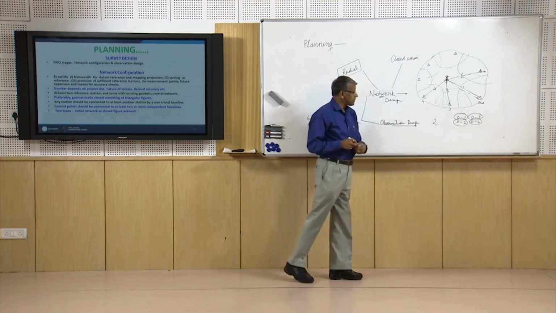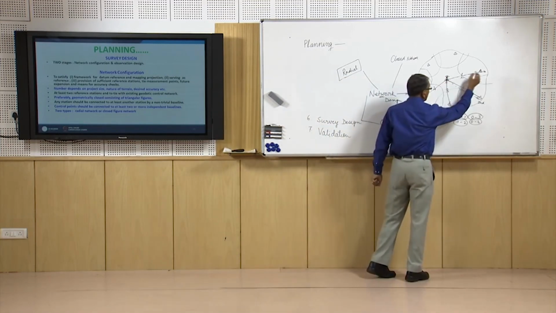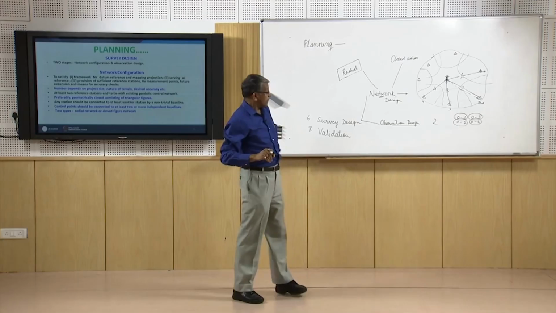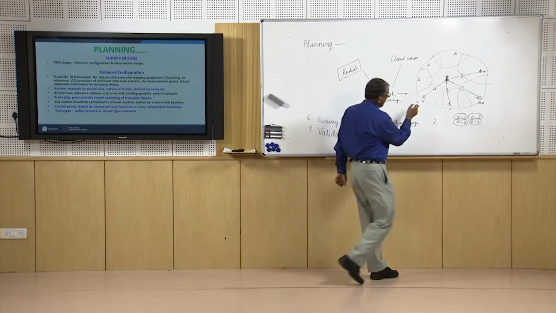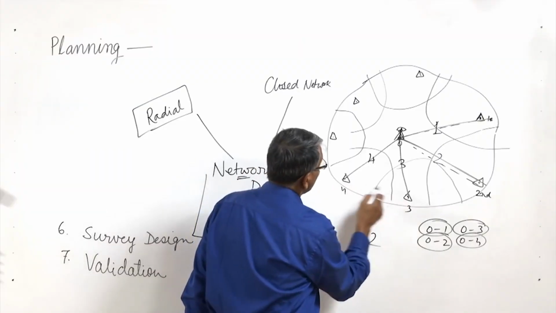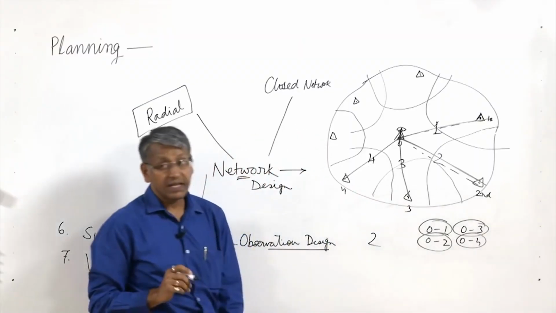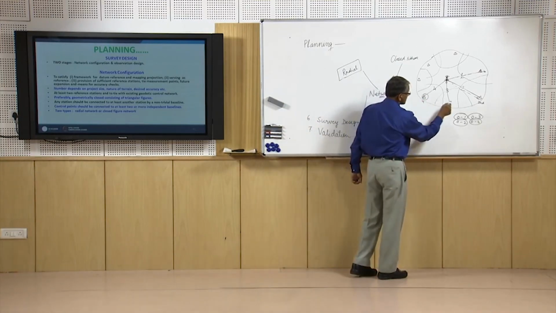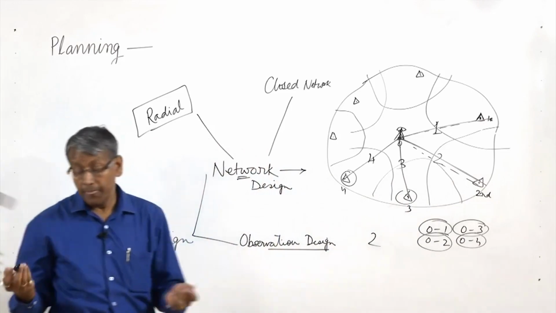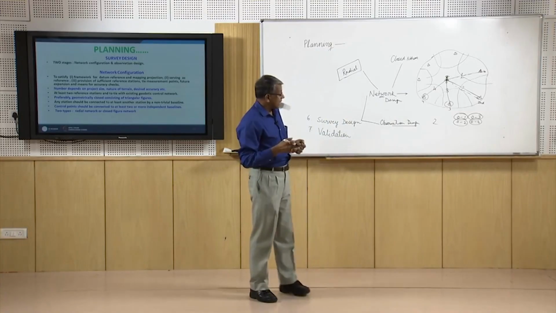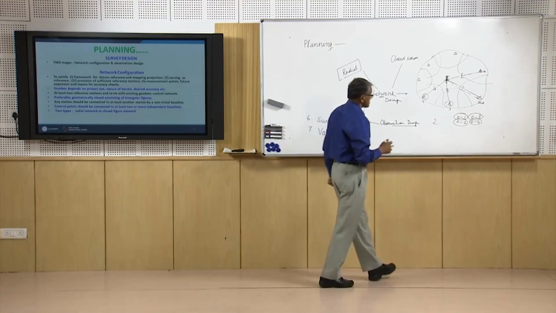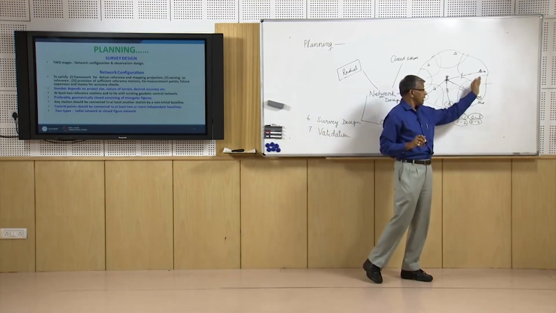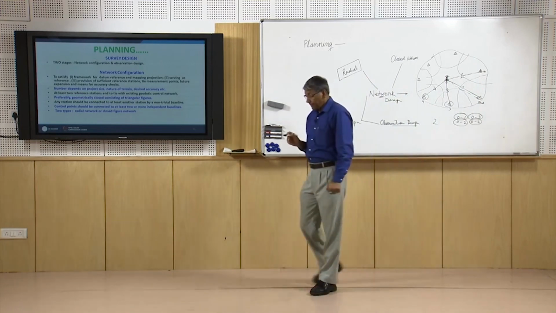In this type of observation, the relative positioning between the center and each station will be very good, but there will not be any relative positioning between adjoining stations. The positions of these stations cannot be verified or restricted by geometric consideration, so the mutual accuracy we achieve will be less.